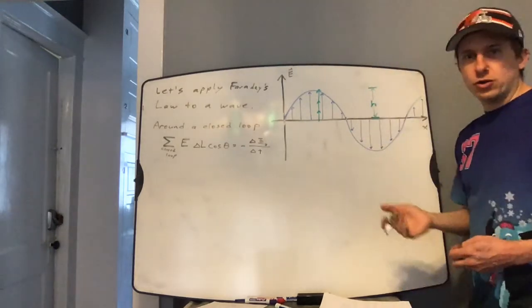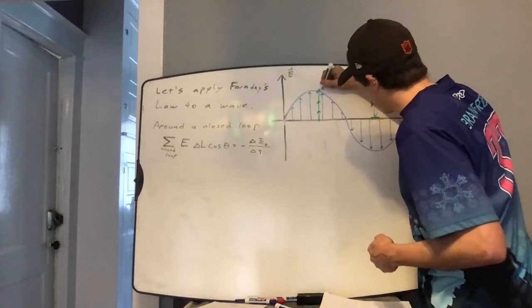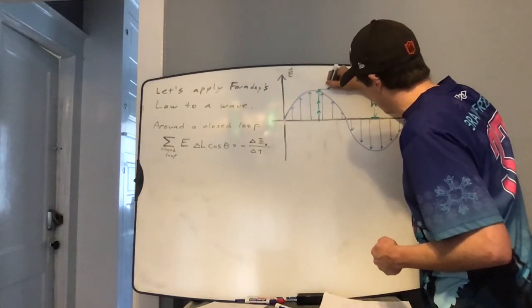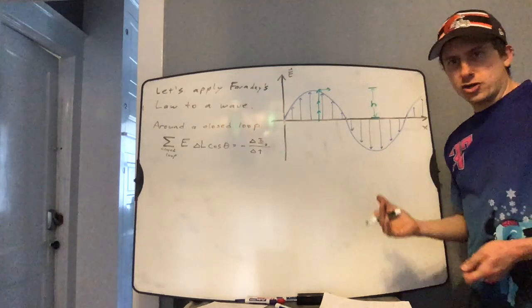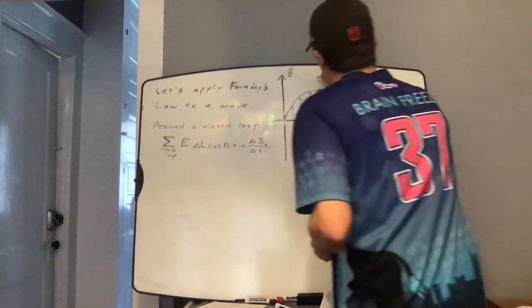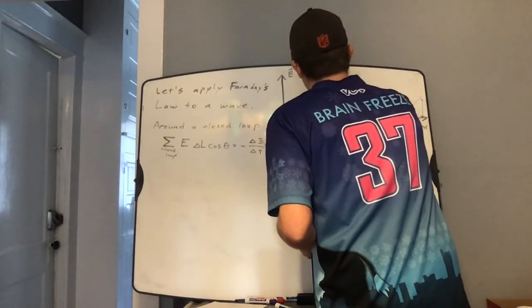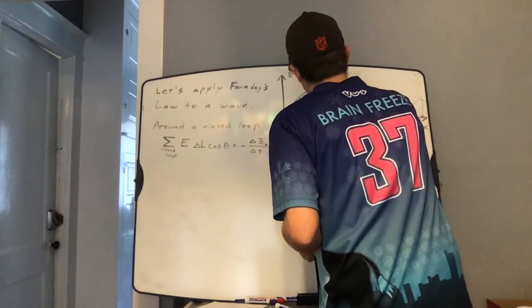Then we will turn and walk to the right. Now we are walking perpendicular to the direction of the electric field. Let's suppose we walk a short distance to the right, which I'll call delta x.